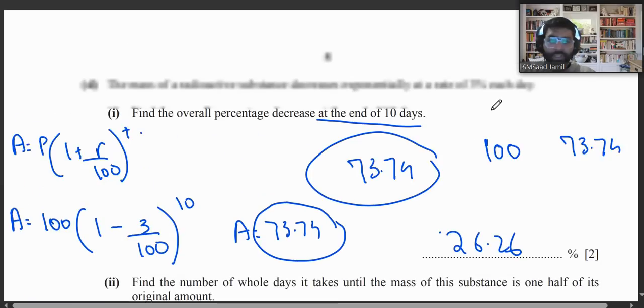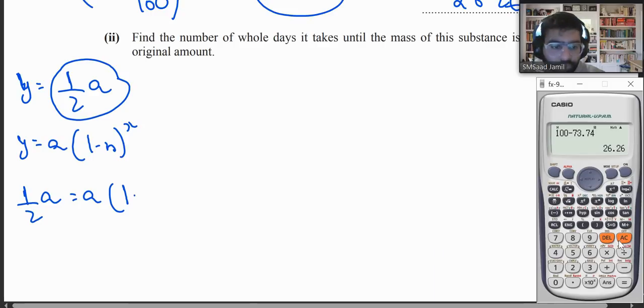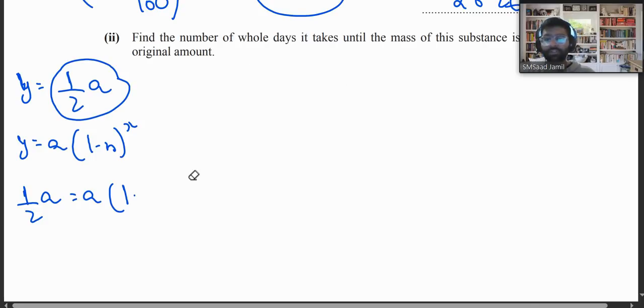So basically 1 minus 3%, because the radioactivity rate is 3%. So 1 minus 0.03 actually, because 3% basically means what? Look, I'll do it for you guys. 3 divided by 100, it's 0.03. So 1 minus 0.03, you'll get 0.97.